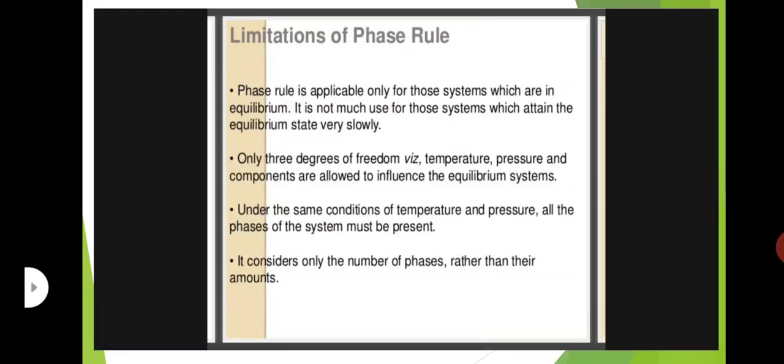Only 3 degrees of freedom, which are temperature, pressure and components or concentration, are allowed to influence the equilibrium systems. According to the phase rule, only 3 degrees of freedom can influence the equilibrium systems.